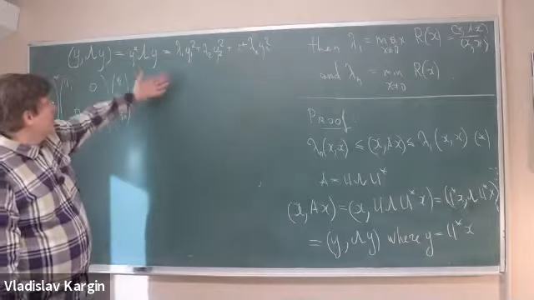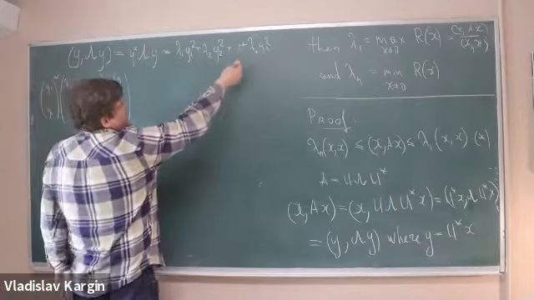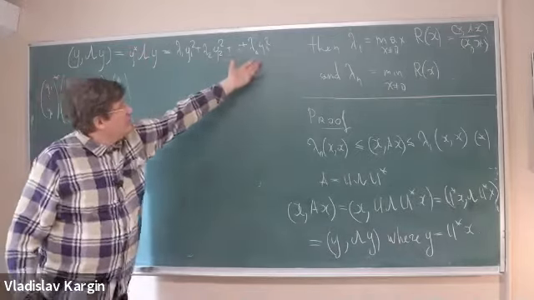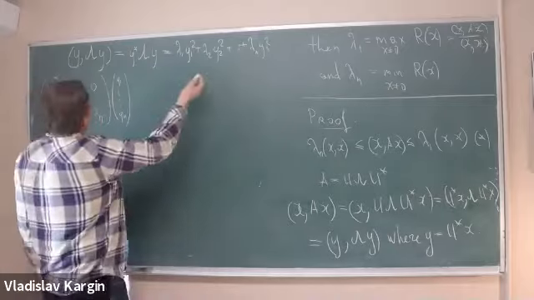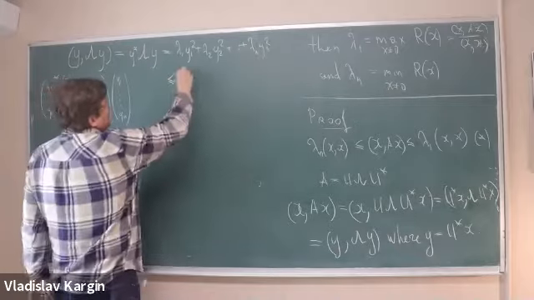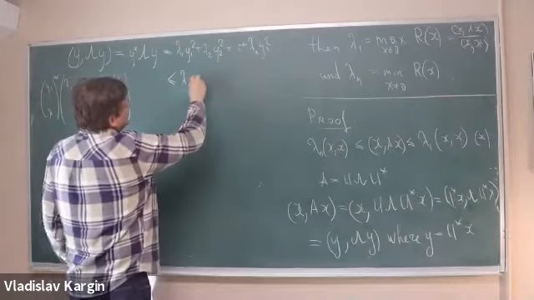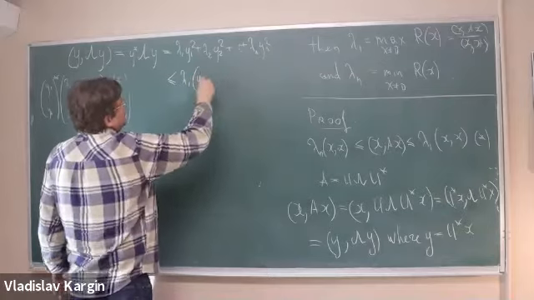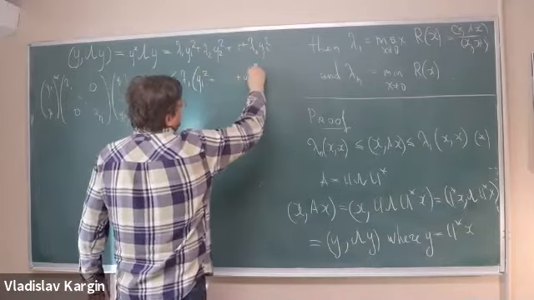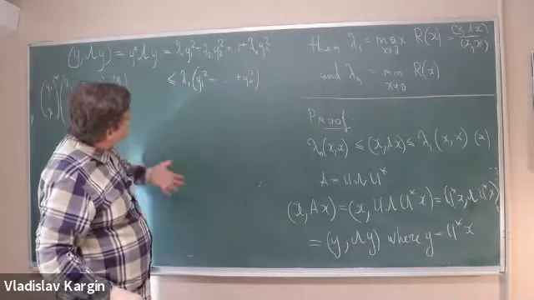And then you look at this thing, and it's obvious that lambda 1 is the largest, lambda n is the smallest, and all these numbers are positive. So it's clearly smaller than lambda 1 multiplied by Y1 squared plus so on plus Yn squared, because lambda 2 through lambda n are smaller.